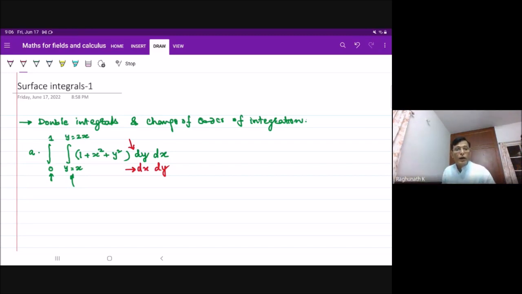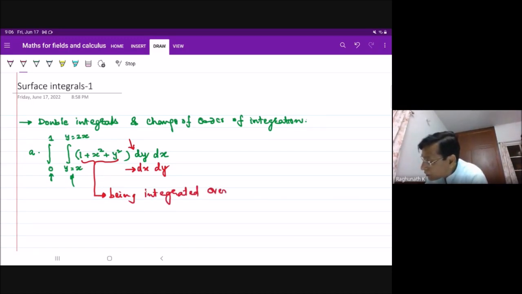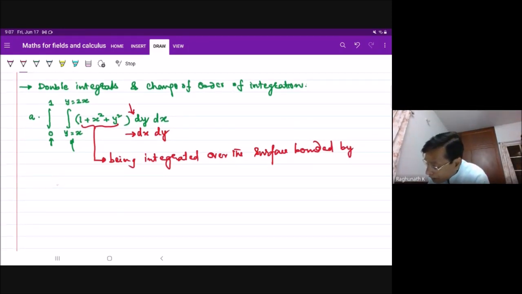Here, this is the integral in which 1 plus x square plus y squared is integrated over the surface bounded by, in the xy plane of course, x is equal to 0, x is equal to 1, y is equal to x, y is equal to 2x.